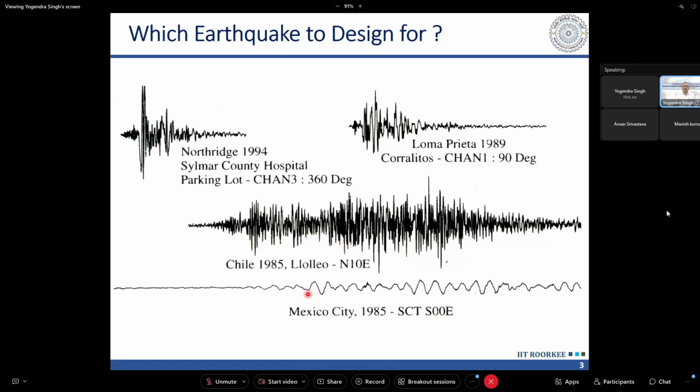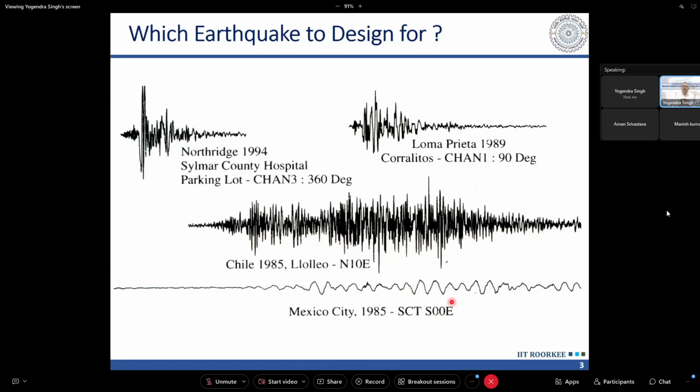In fact, this earthquake was so peculiar that the whole branch of dynamic soil structure interaction started after it. So there was a lot of focus on the effect of the soil. Because of the effect of the soil, the characteristics of this earthquake are such that it takes a lot of time in reversing its direction.